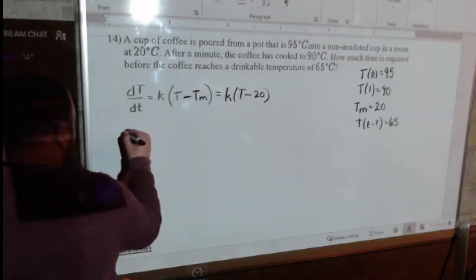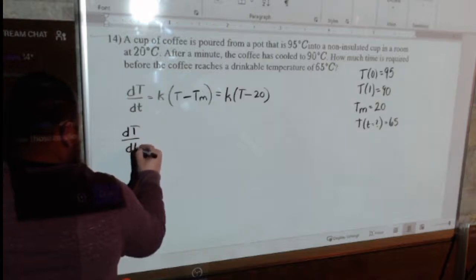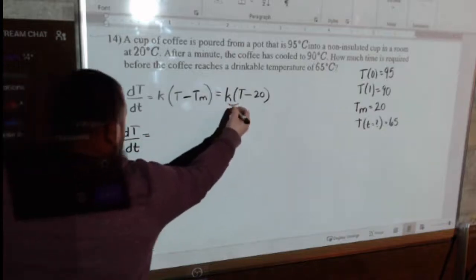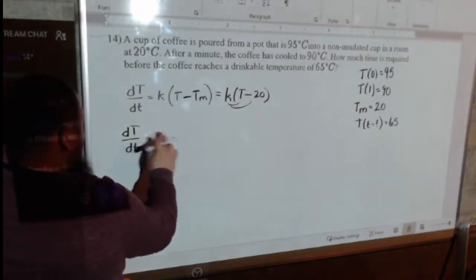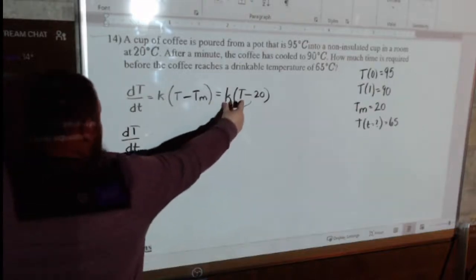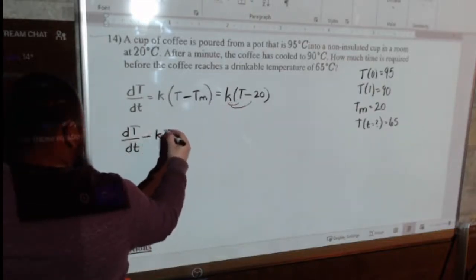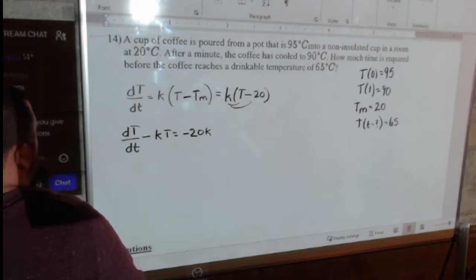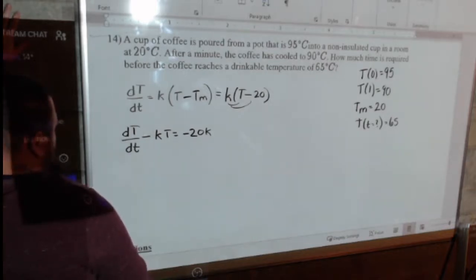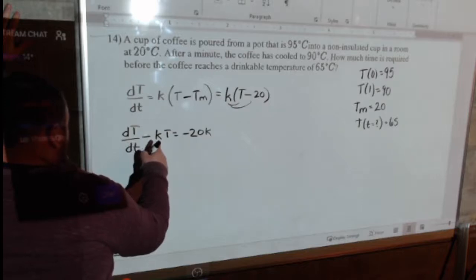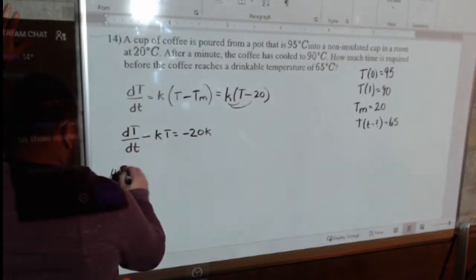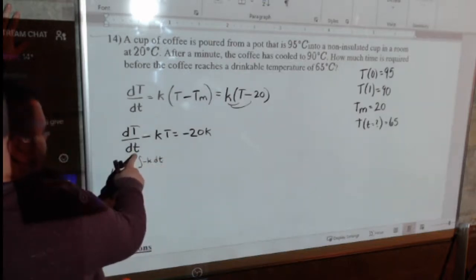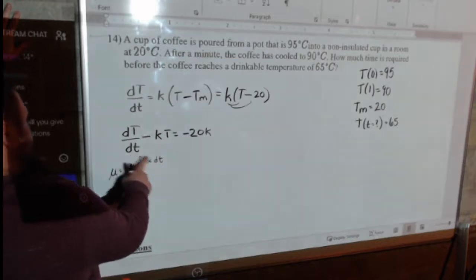So to do this by integrating factor, I am going to multiply this k in and move the kT term to this side. Integrating factor tells me that this mu here has to be e to the integral of minus k dt, because that's what my differential equation is over here.